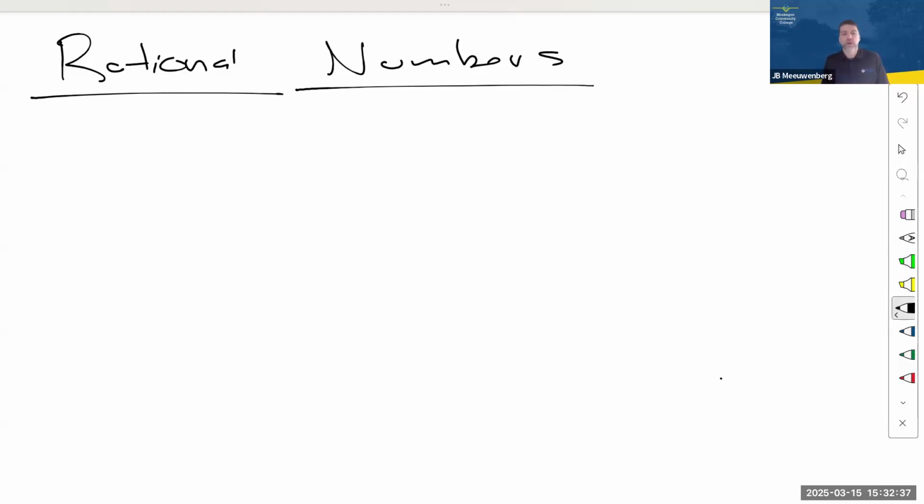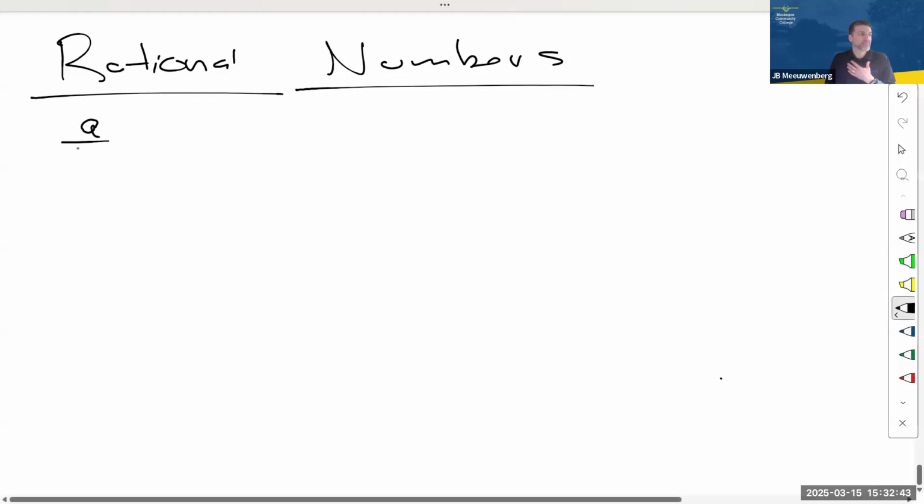So up until now, when you've seen numbers written like this, we've called those things fractions, right? That's our common terminology for things that look like this.